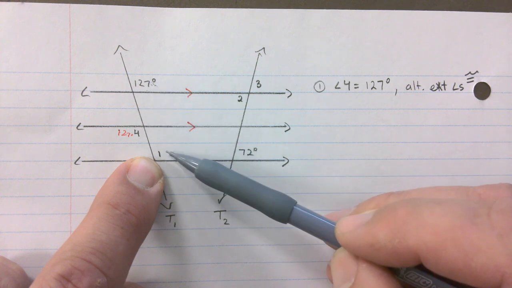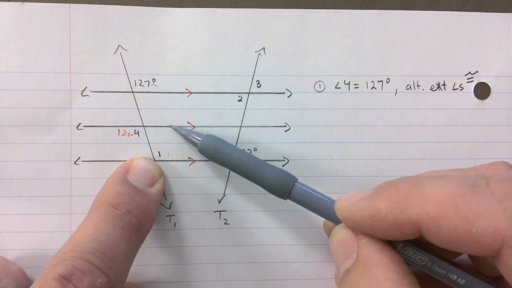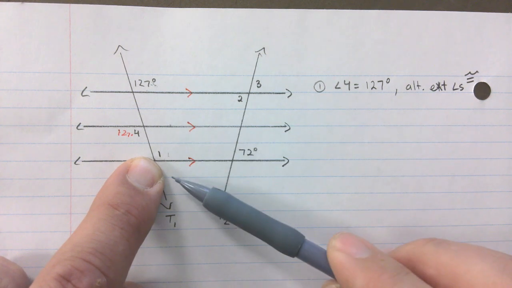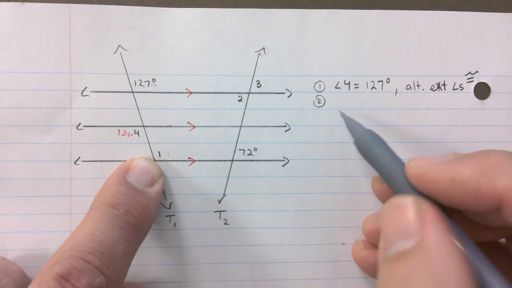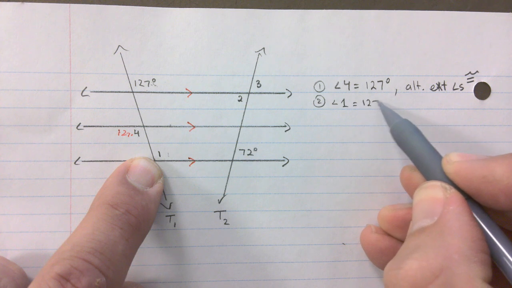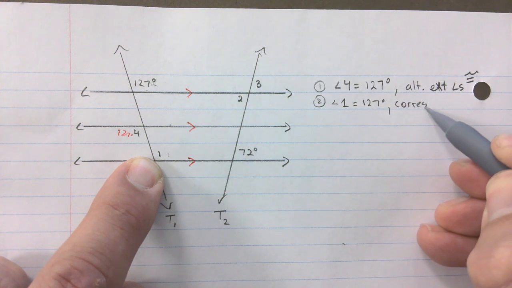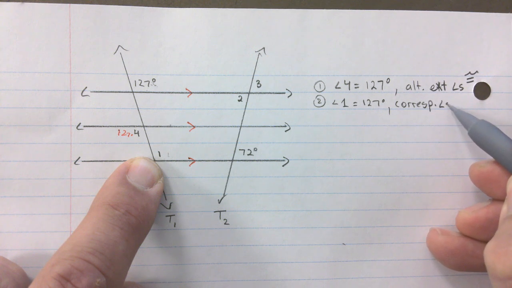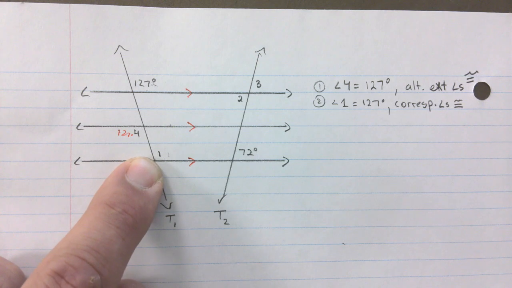What would we call them? Corresponding, right? What about this line in the middle? Forget about it, it's between this and this line. So the second angle that I am solving for is number 1, and it's also 127, and it's corresponding. Corresponding angles are congruent. That's the property that I'm referring to there.